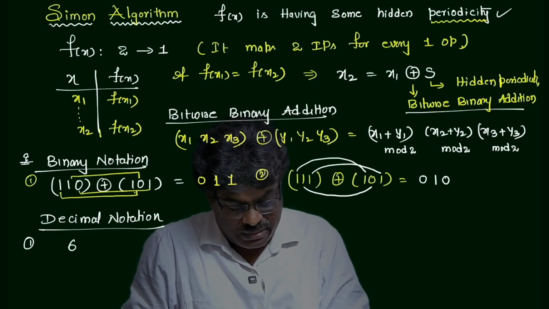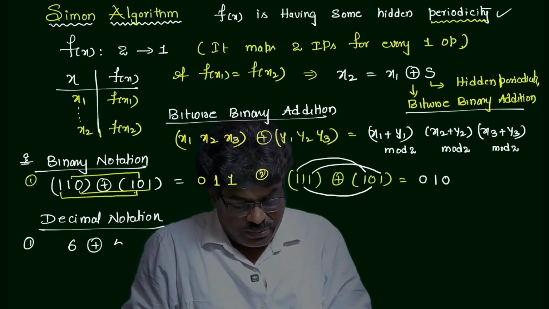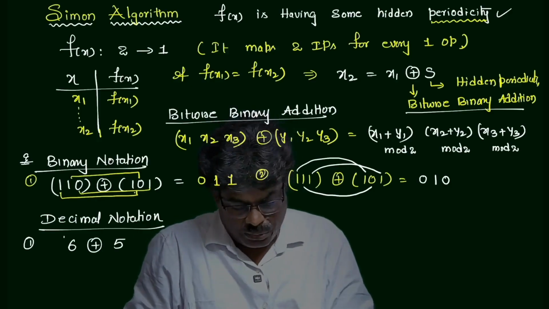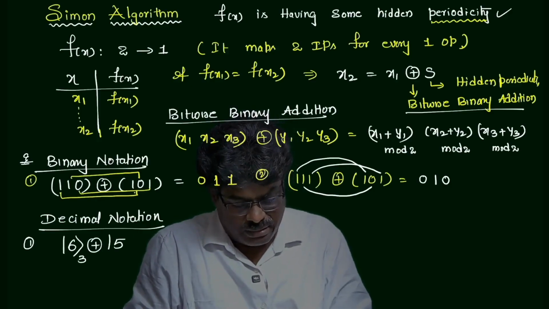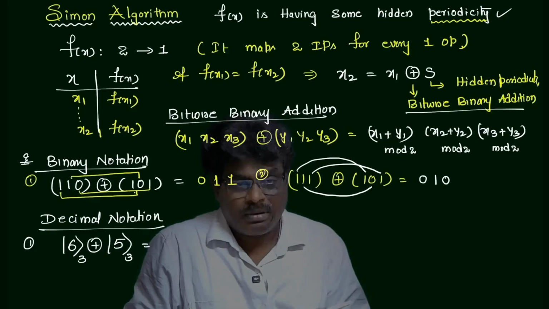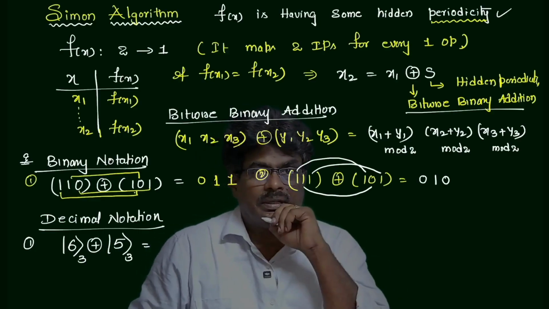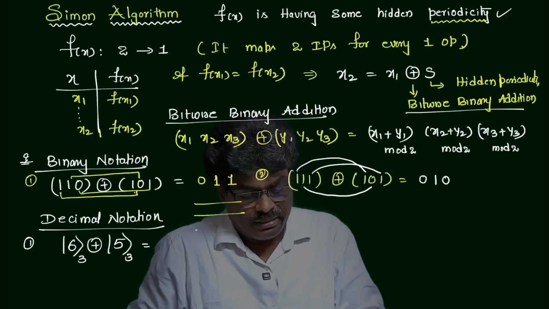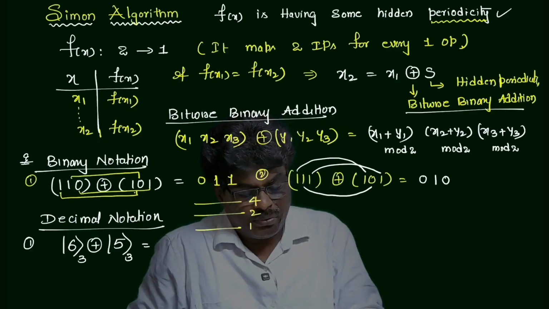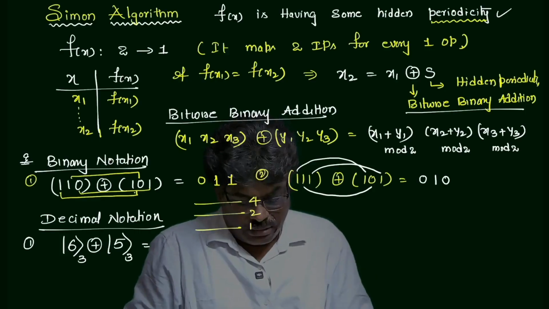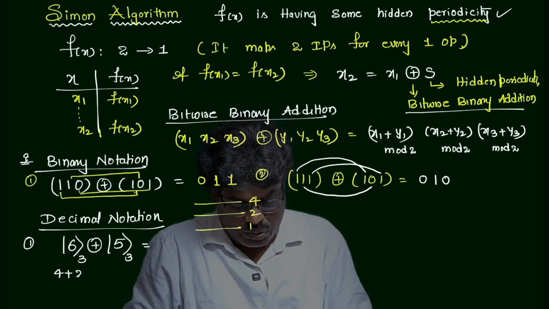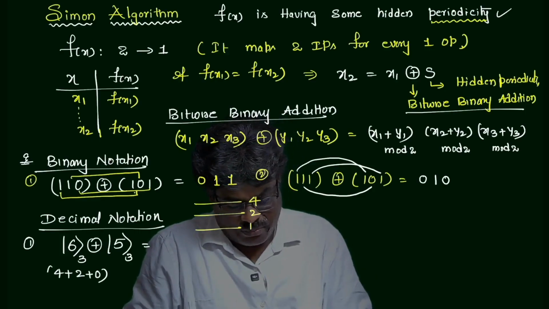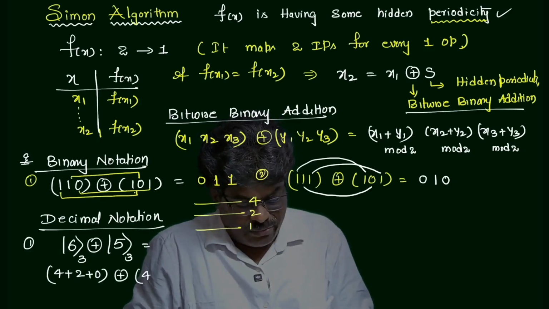First one is 6 XOR the next one, 5. Remember, these are 3 qubits, so the place values are 1, 2, 4. How to get 6? That is 4 plus 2 plus 0, XOR 5. 5 is nothing but 4 plus 0 plus 1.